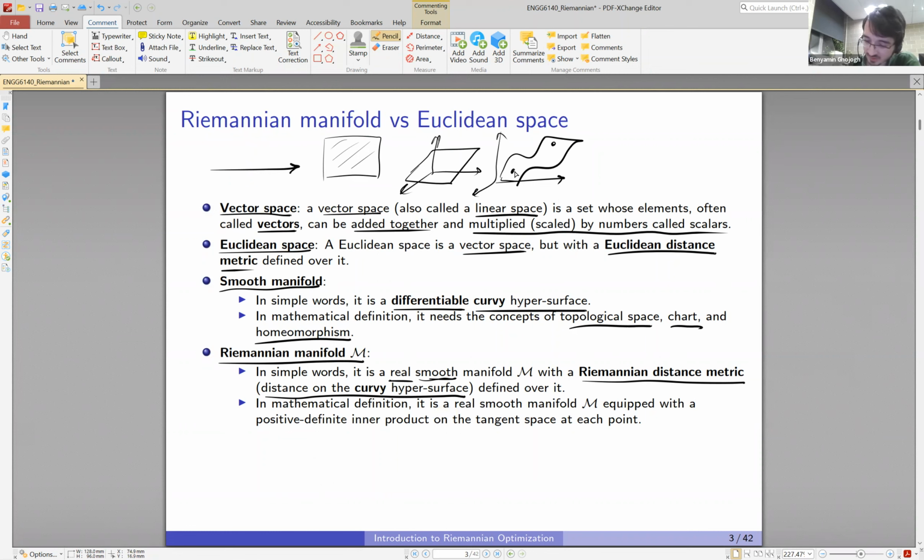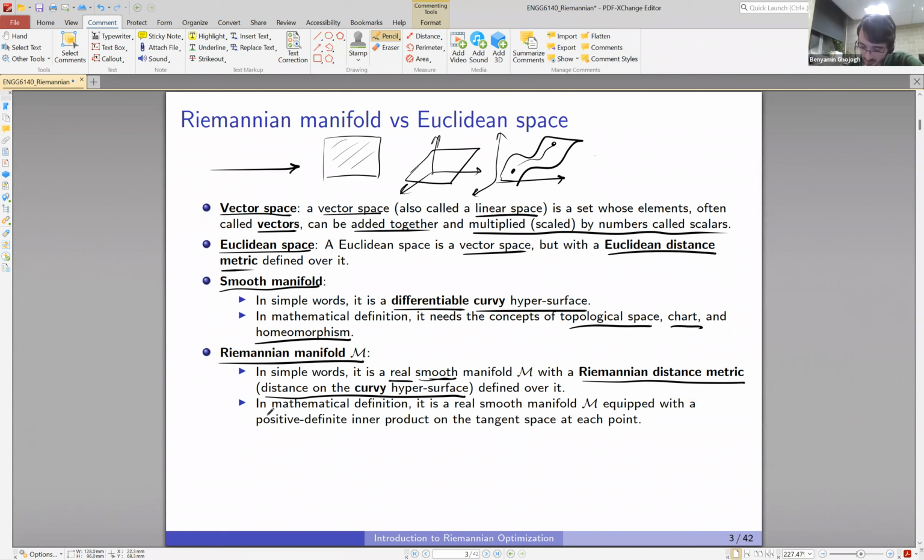What is the shortest line, curvy line, connecting them on the manifold? So it's not a straight line anymore necessarily. It can be like this, a curvy line like this. Then the length of this curved line connecting these 2 points on the manifold will be the Riemannian distance metric between these 2 points. So when we can calculate the distance metric on the smooth manifold, then that's a Riemannian manifold.